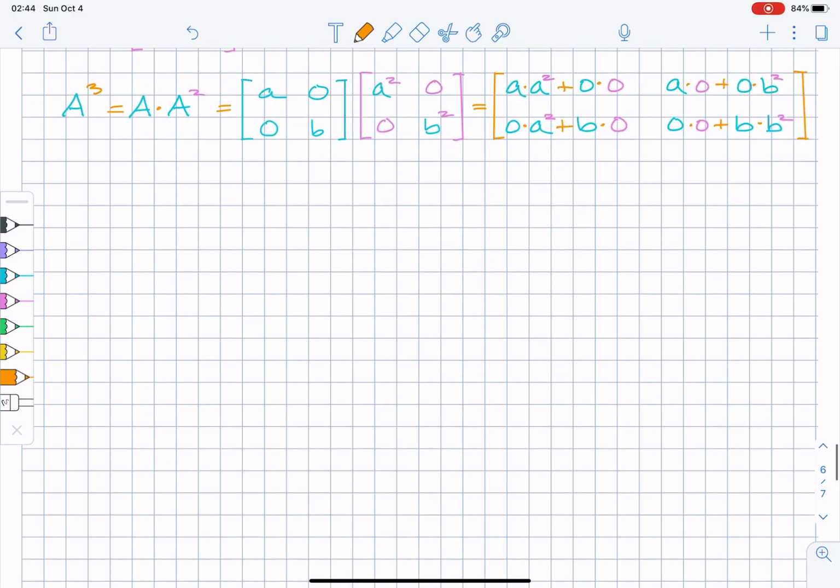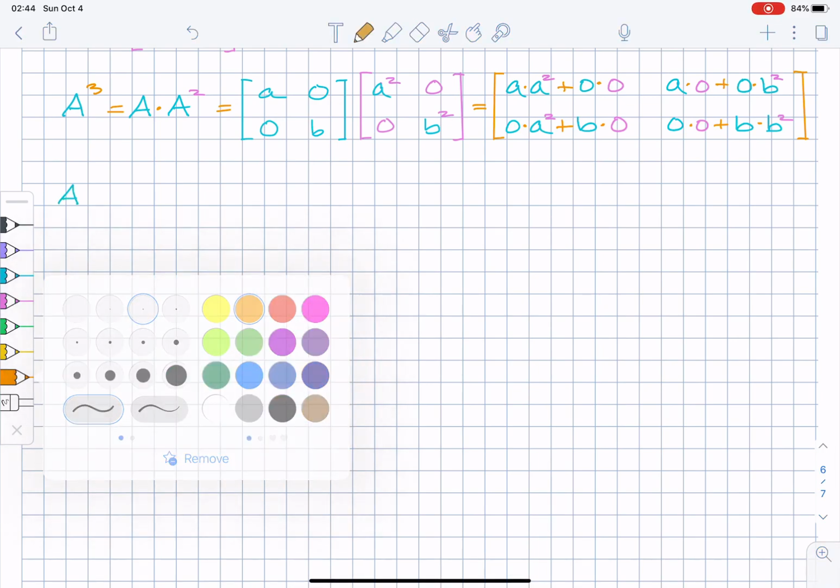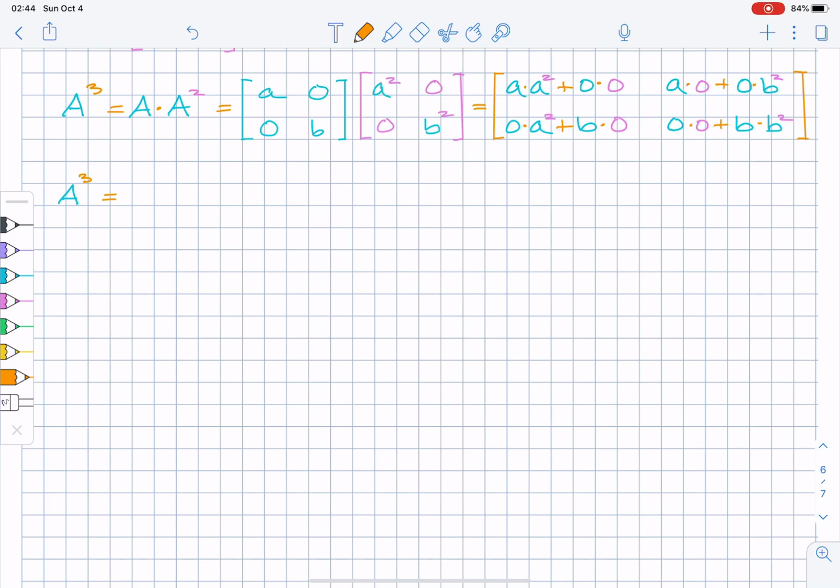Okay, so I claim that A cubed is going to be a cubed, 0, 0, b cubed. It looks as though there's a pattern here, right?